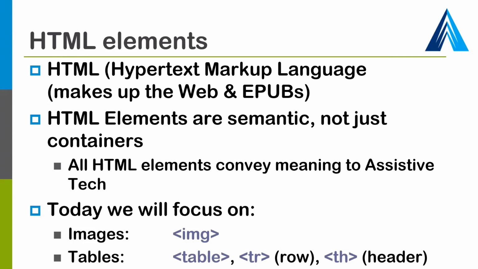But it's important to be aware that all HTML elements convey semantic meaning to assistive technology, meaning that somebody who is using assistive technology or another tool will understand that this piece of content is, let's say, a section as opposed to just a blob. In today's discussion, we'll focus on images as a tag, table headings, and table rows.